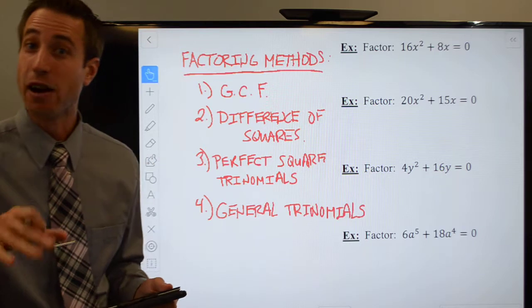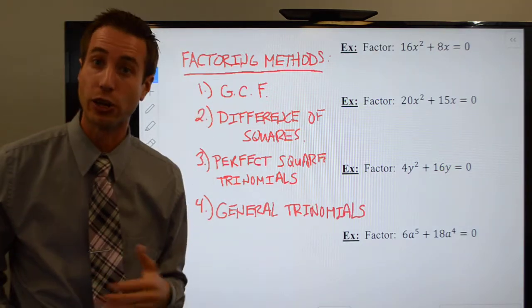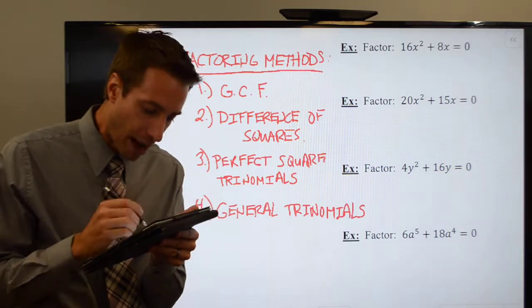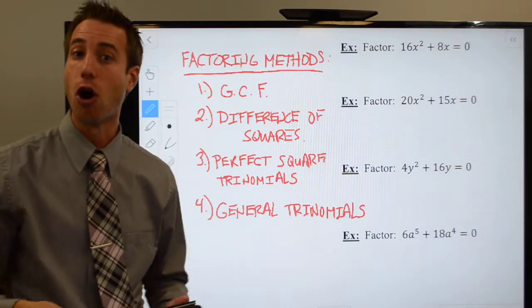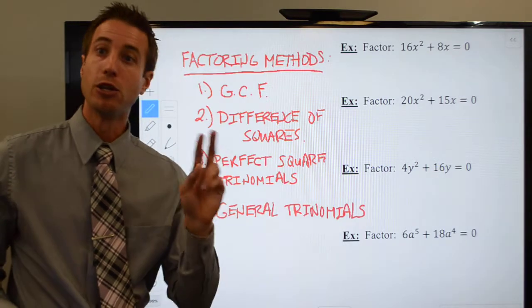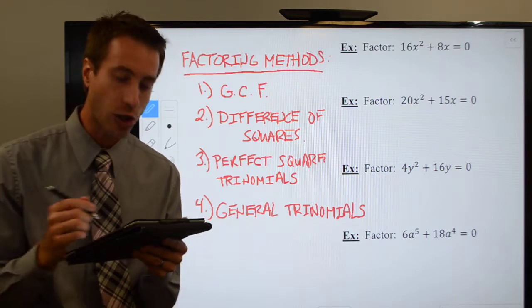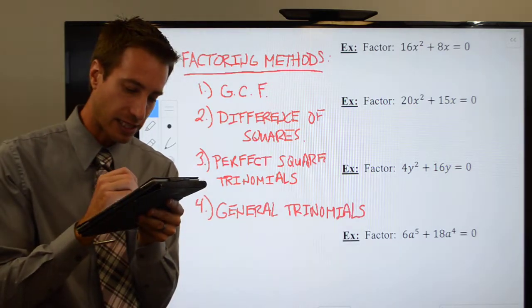Now, in this set of notes, in these videos, these are the only 4 that we're going to do, right? But a little bit later on, in later sections, we're actually going to pick up 2 additional methods for factoring. So these are going to come later.